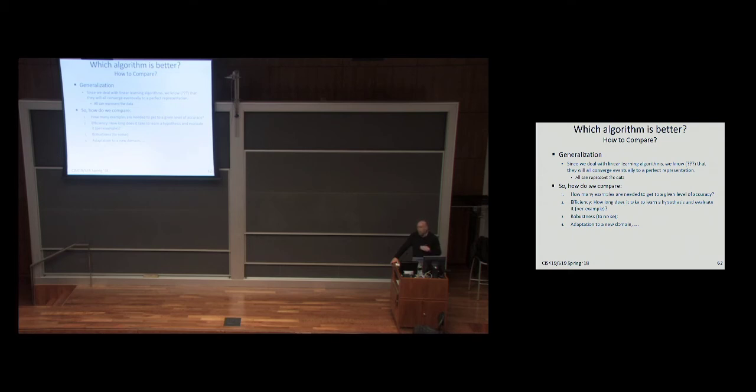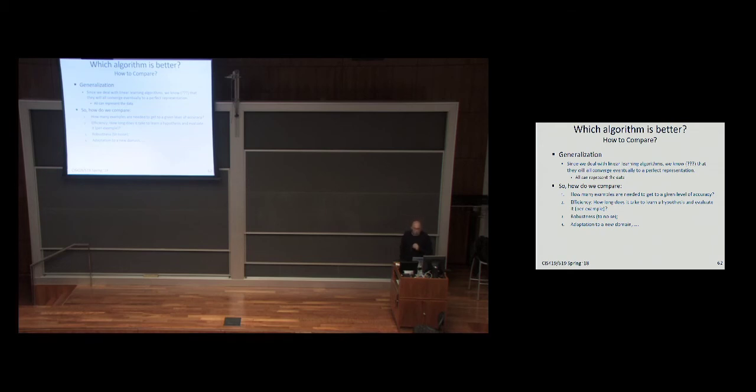Maybe some of them are more robust to noise, for example, than others. Maybe some of them, or some variations of them, adapt better to new domains. So you change the distribution of the test data a little bit. Some of them will adapt faster. So these are all dimensions along which we can compare.